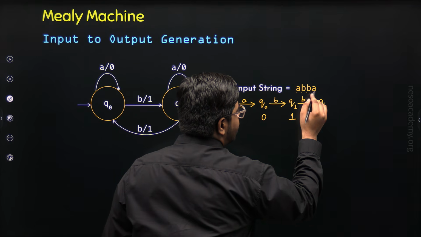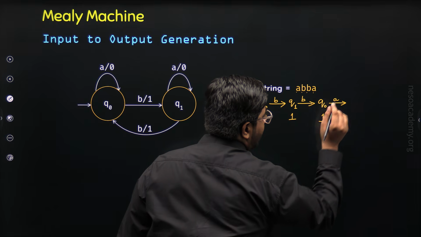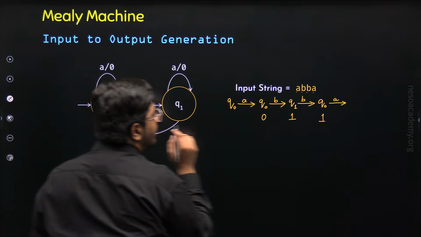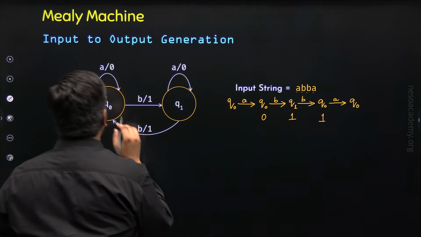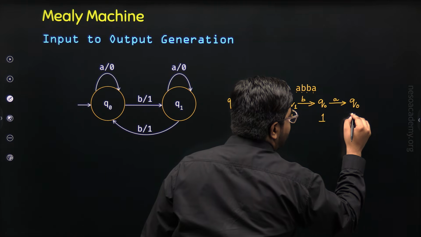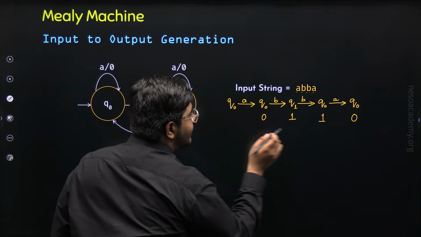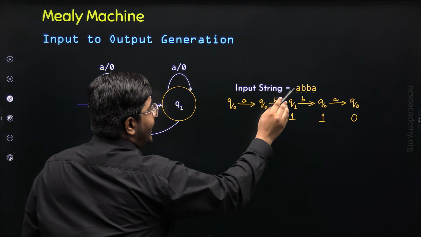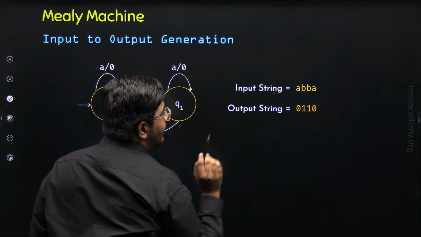Now the last input symbol is A. So Q naught on A will give us Q naught, and the output symbol is 0. So finally we are getting the output string as 0, 1, 1, 0. So for the input string A, B, B, A, the output string is 0, 1, 1, 0.